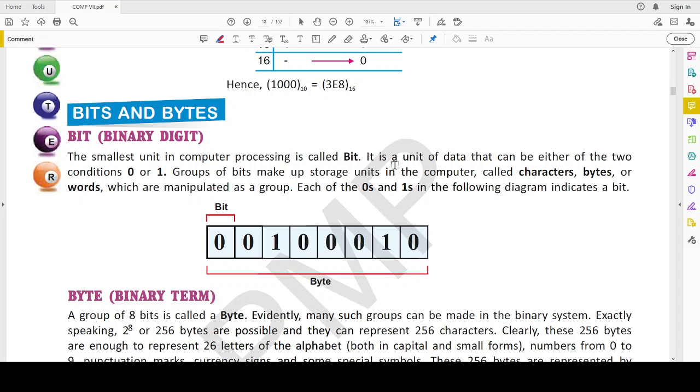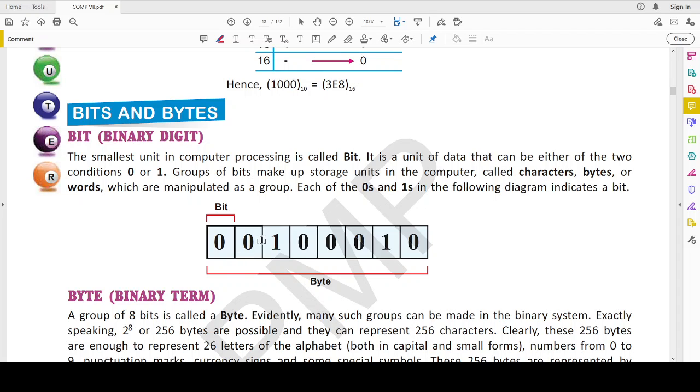Bit by bit it is processed. It is a unit of data that can be either of two conditions, 0 or 1. Groups of bits make up storage units in the computer called characters, bytes or words, which are manipulated as a group. Each of the zeros and ones in the following diagram indicates a bit.